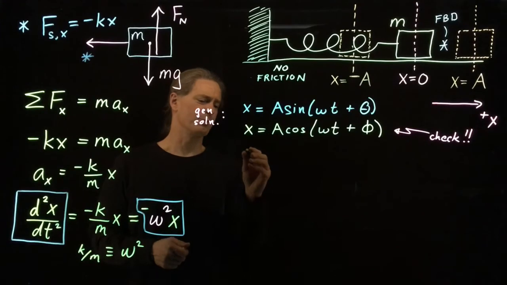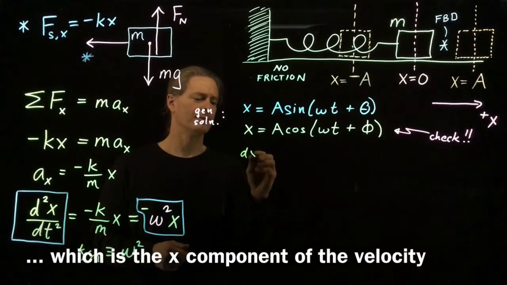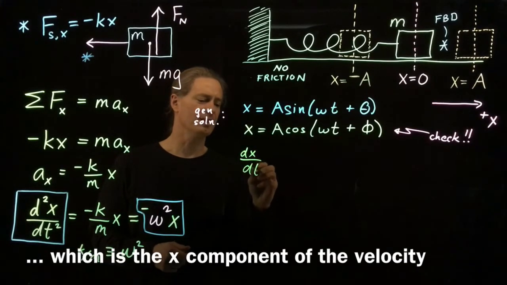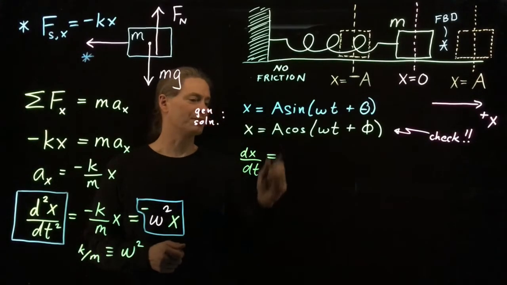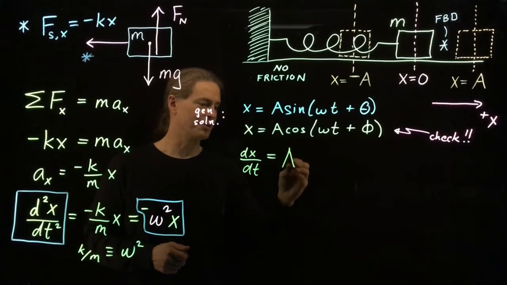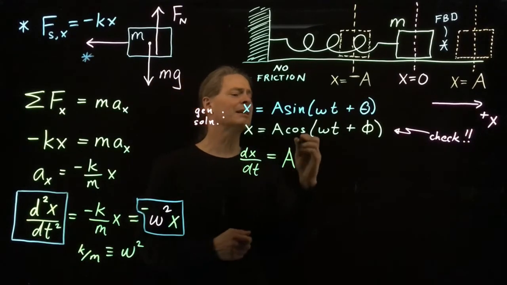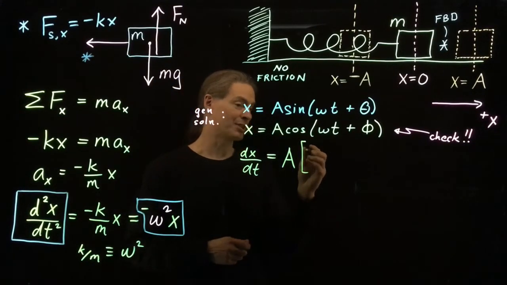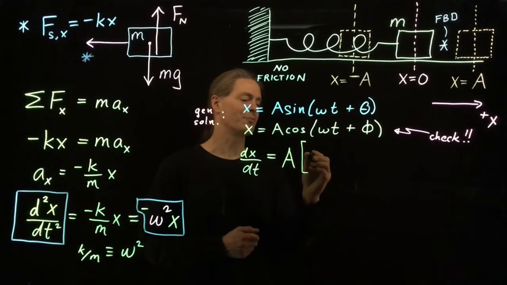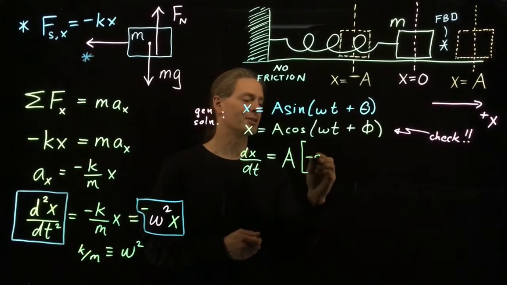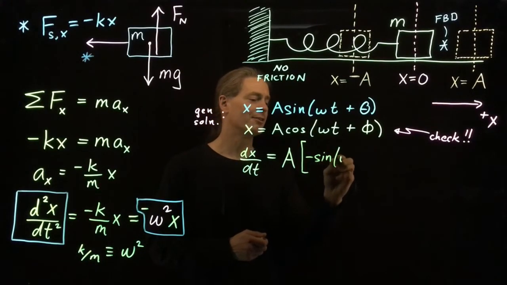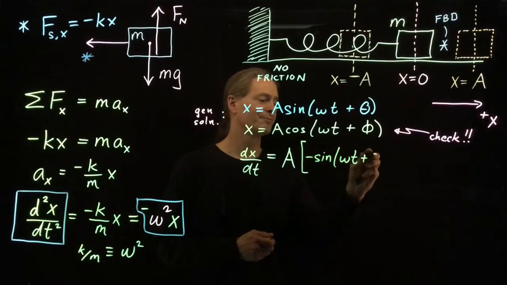The derivative of x with respect to t, dx/dt. Well, I've got this leading constant, so that flies through. Now I've got the derivative of the cosine of a function of t. The derivative of a cosine of a function of t with respect to t will be minus sine of that function of t.